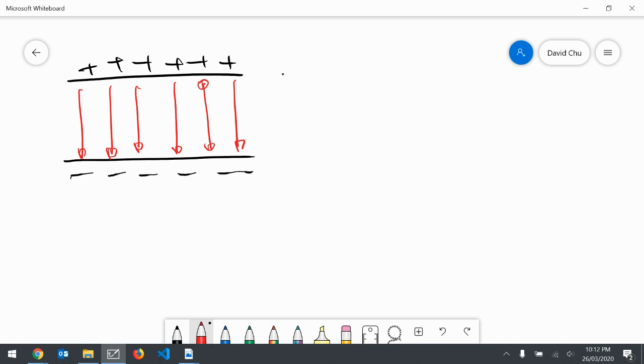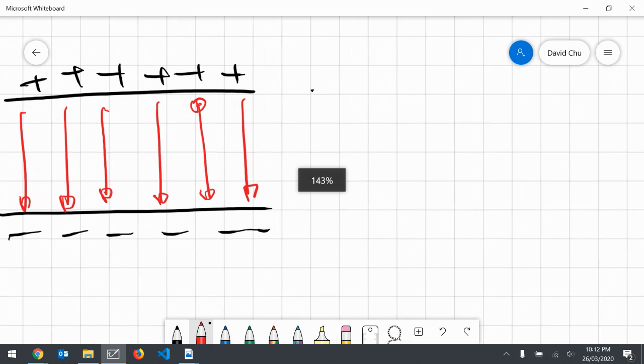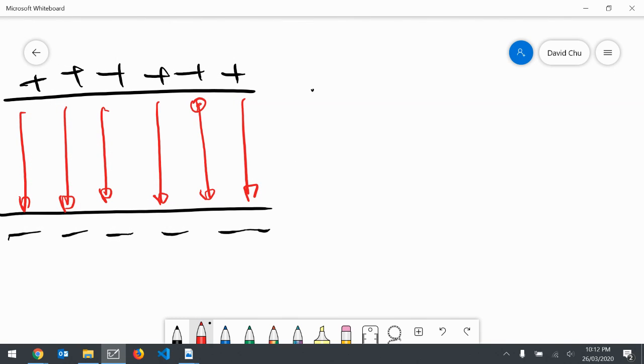Okay, so a charged particle in this context, a couple of things are happening. One, it's gaining energy, in particular kinetic energy.